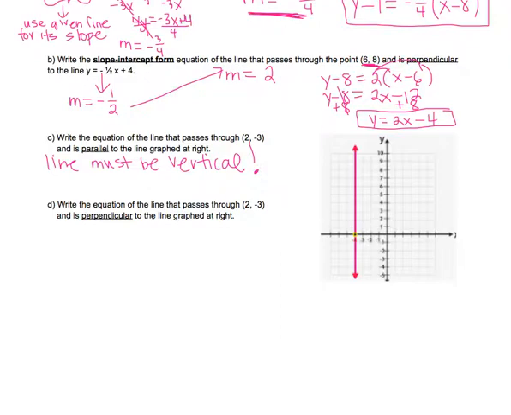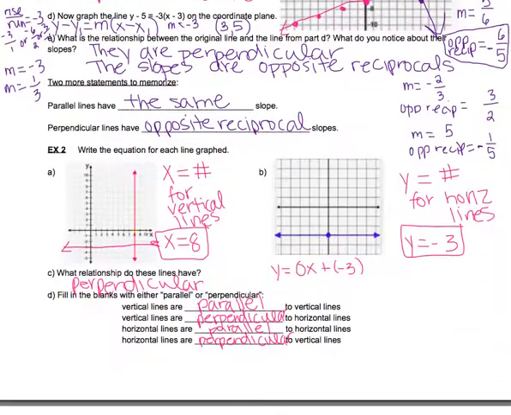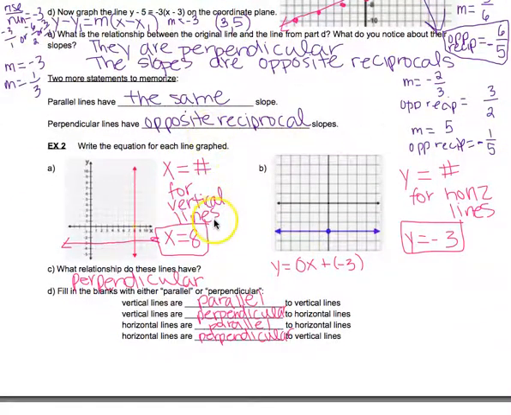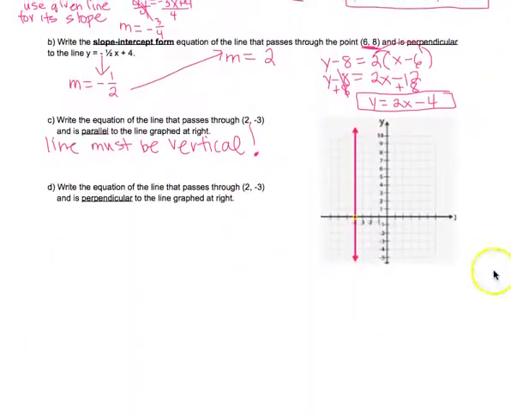I also know from what we talked about earlier that vertical lines take the form x equals the number. So I don't need to do a bunch of complicated stuff here. I just need to look at the point that was given and find what the x is. X equals a number. In this case, that number is the x coordinate. So x equals 2 would be the equation of my line.